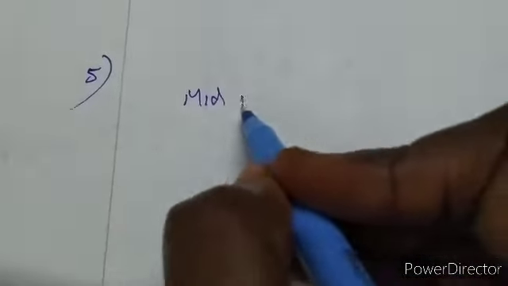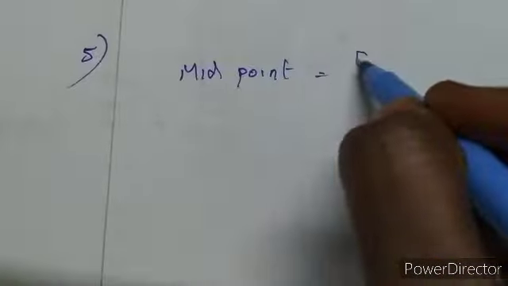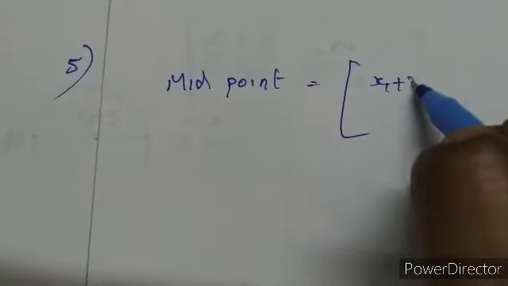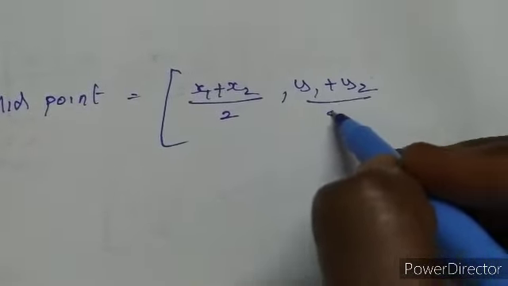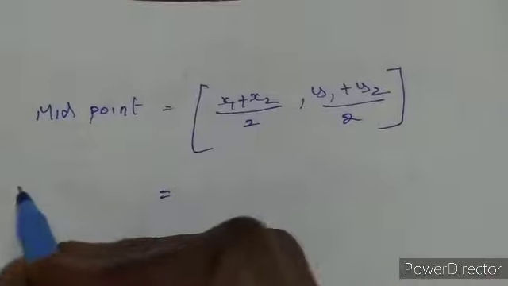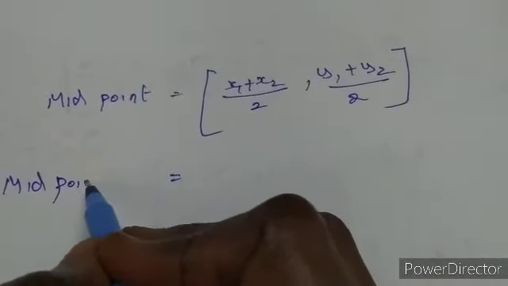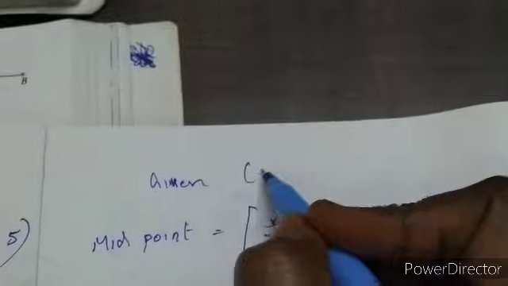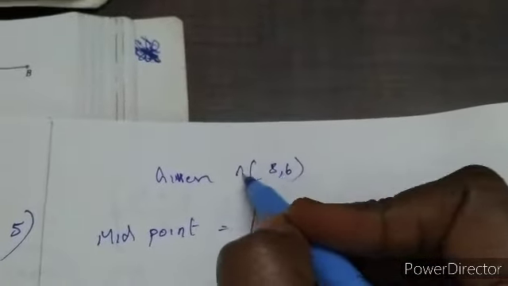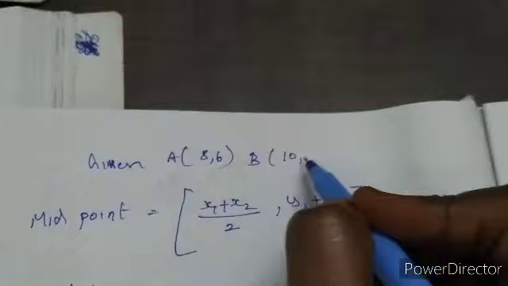Okay, question number 5. The midpoint formula is ((x1 + x2)/2, (y1 + y2)/2). Now, the midpoint of AB. I am going to substitute the given points: A is (8, 6) and B is (10, 0).